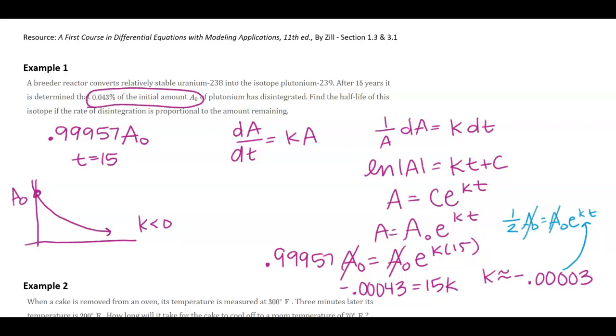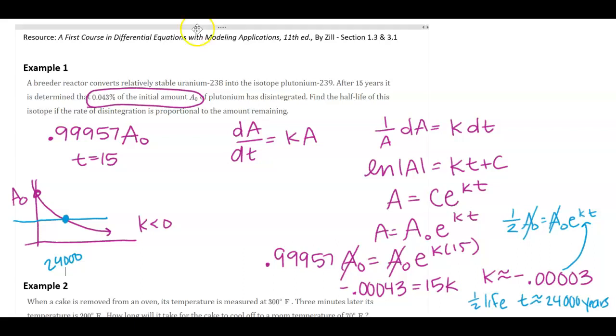If you take the natural log of a half and then divide it by k, you get the half-life is approximately 24,000 years. So in order for us to get half of this chemical to be gone, it's going to take approximately 24,000 years for that to happen, with a little bit of change there.